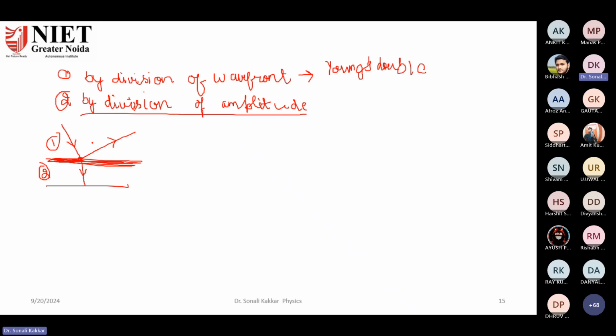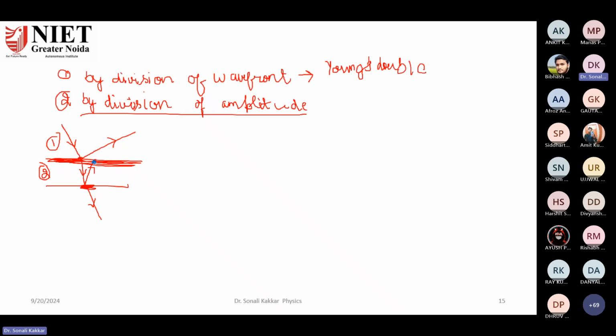Now the amplitude of the wave is divided into two. The same ray which is refracted into the medium, when it strikes this interface, again undergoes partial reflection and partial refraction. Now this ray, I'll represent it with different colors. When it strikes the interface again between the two mediums, it similarly undergoes partial reflection and refraction.